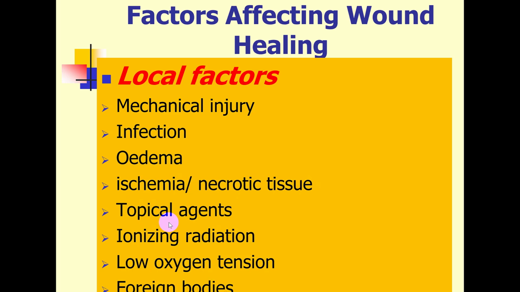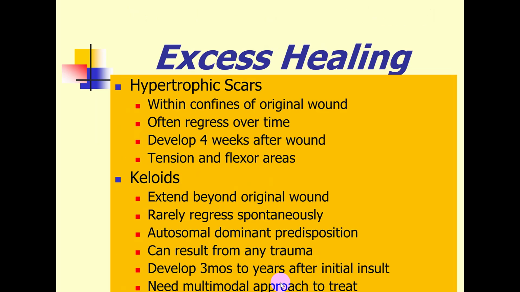Topical agents, any abnormal topical agent, can be favorable or unfavorable for the healing process. Previous radiation or ionizing radiation exposure of the wound, oxygen tension, whether the area has a good oxygen supply or not, and the presence of a foreign body or not. All these are considered local factors.